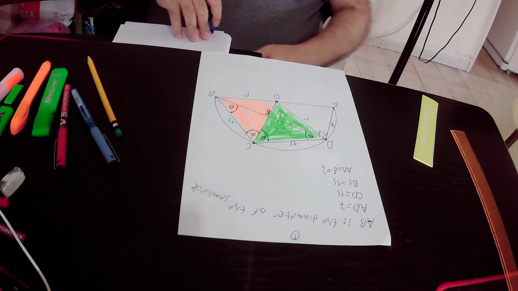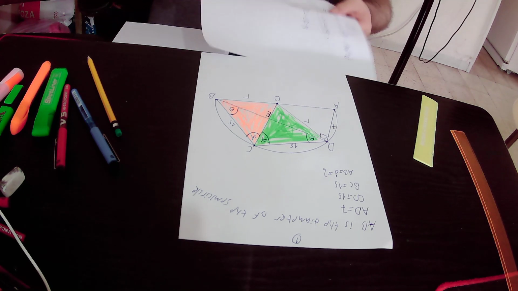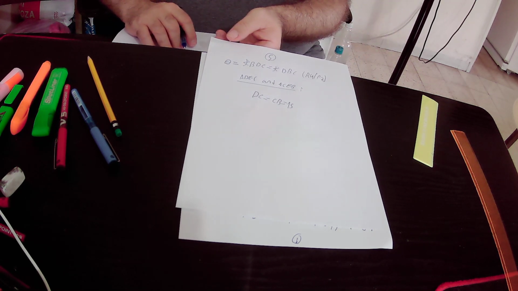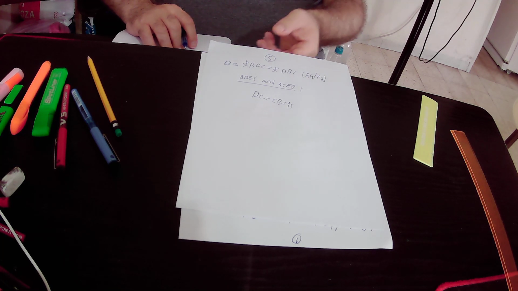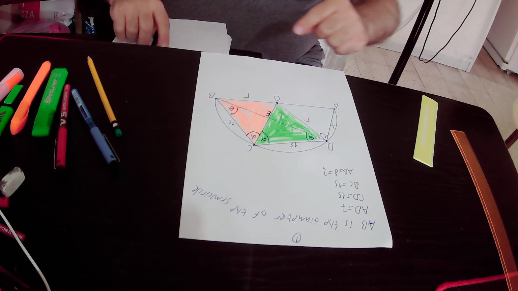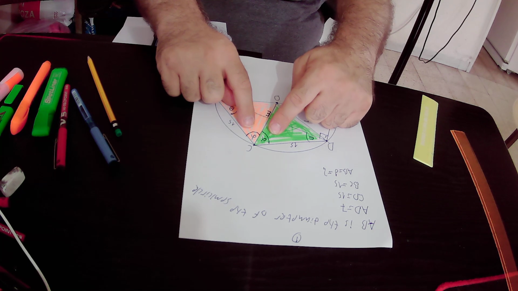So side DC equals side CB equals 15 units, according to what is given in the question. And we also know that those two angles are equal to each other, they are equal to alpha.